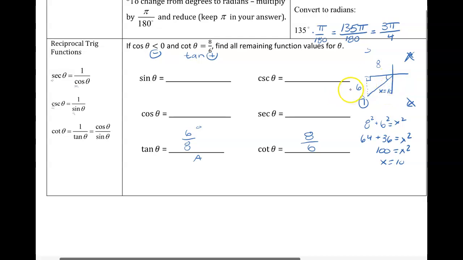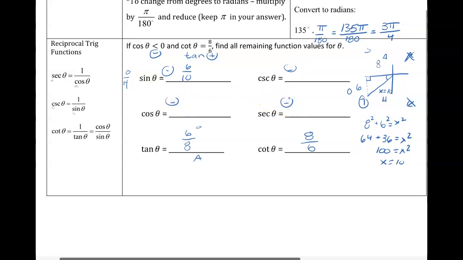Okay, so now we know the opposite side, we know the adjacent side, and now we also know the hypotenuse. So everything from here is very straightforward, just thinking back to our SOHCAHTOA. So sine being opposite over hypotenuse, I can figure out those values. That would be 6/10. Now I want to establish the sign. The only thing positive here is tangent and its reciprocal function, which means everything else must be negative.